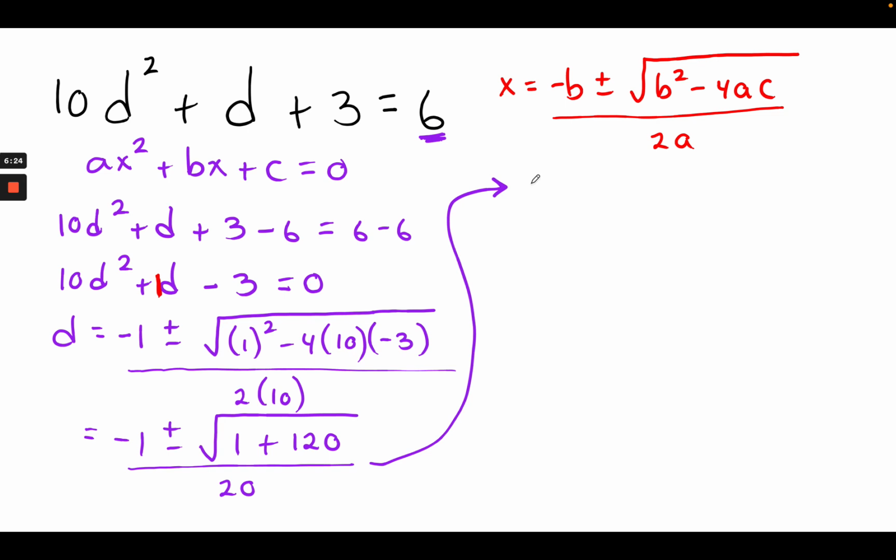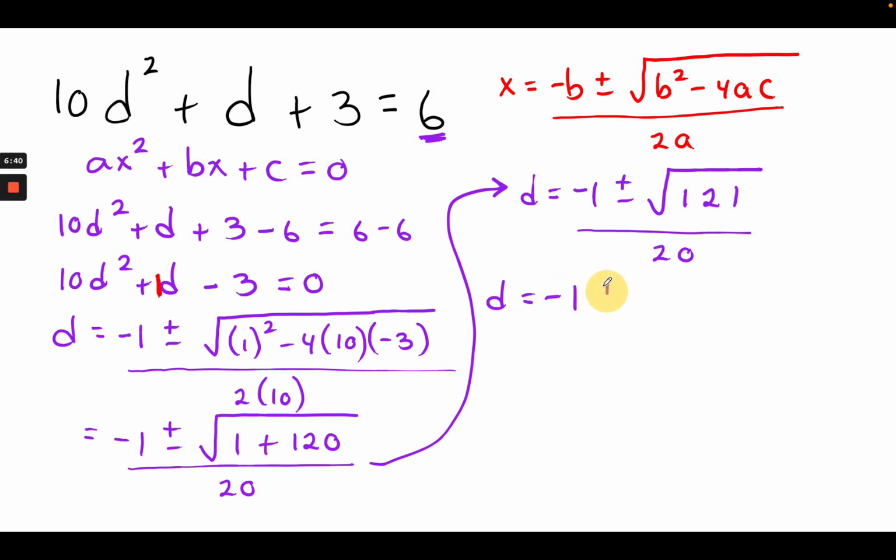So we have d is equal to negative 1 plus or minus the square root of 121 over 20. So d equals negative 1 plus or minus the square root of 121, which is 11, over 20. So this time we're going to have two answers.